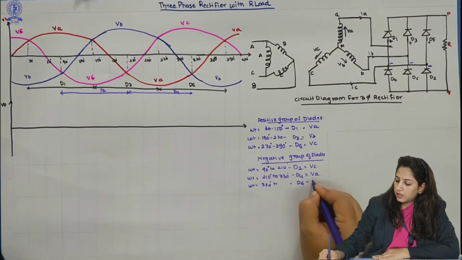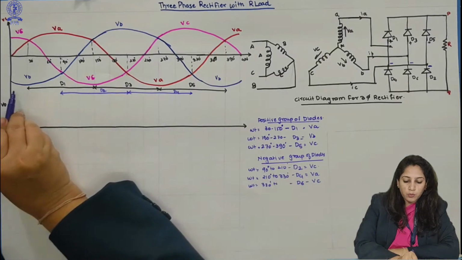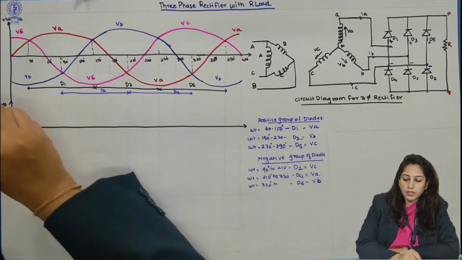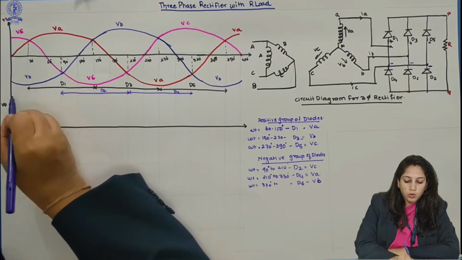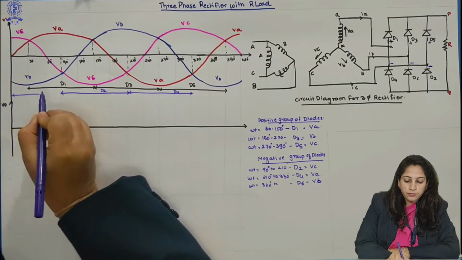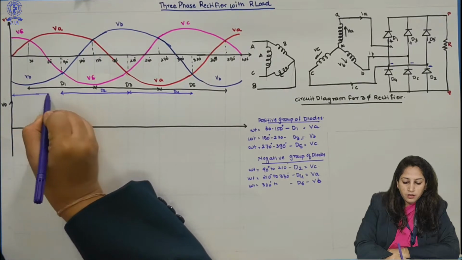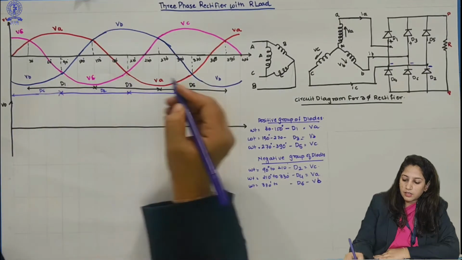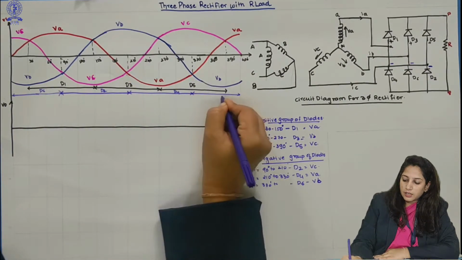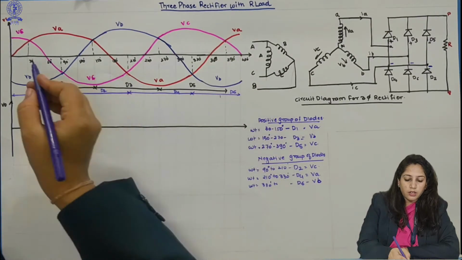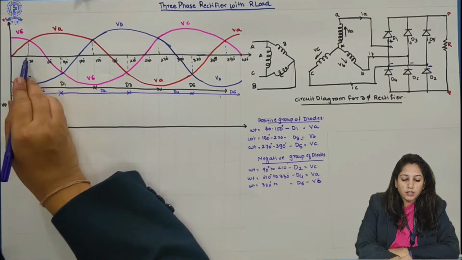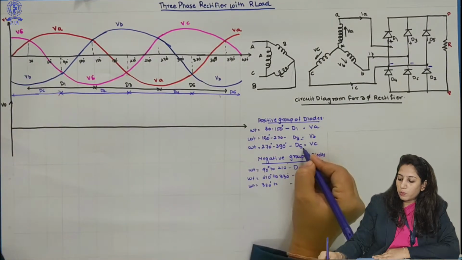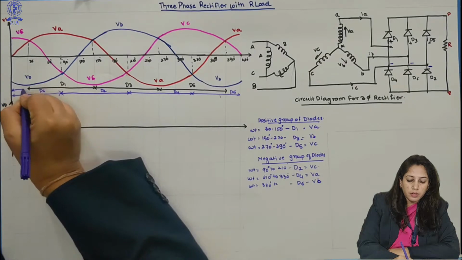Here also, if you observe, VB is more negative, so for this time period also D6 is conducting. And for 0 to 30 degrees, again VC is more positive, so D5 was conducting till this period.